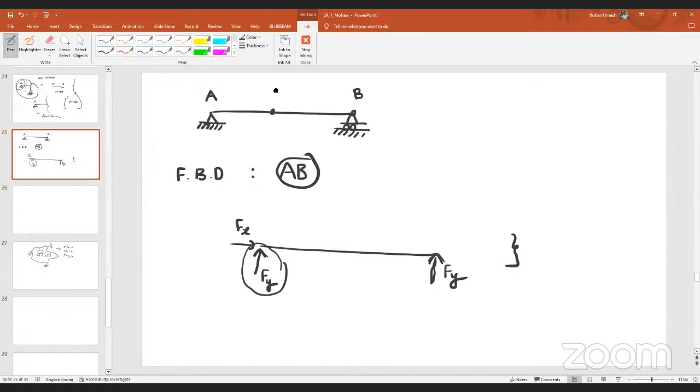Suppose I want to draw the free body diagram of AC. Can you tell me how I can represent it? First of all, I will represent the part AC. And then at A, I have already shown you that an upward force will develop and also a horizontal one. What about at C?